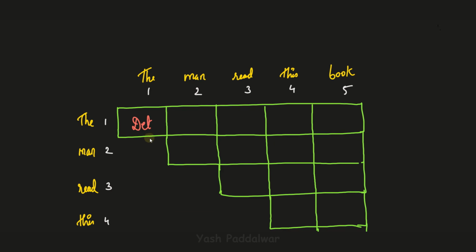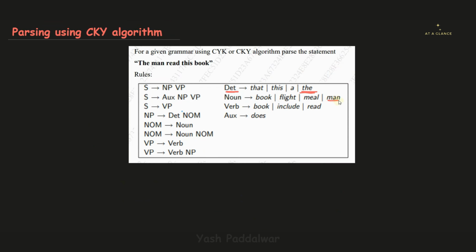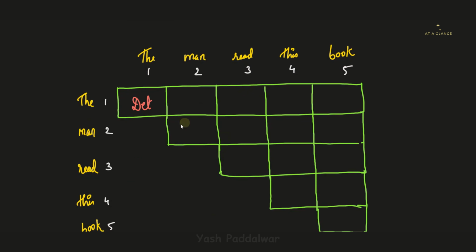That is DET. Similarly, the next diagonal position is 2, comma 2. Here the word man comes. We need to look for the rule in which the word man is present. You can see the word man is present as a noun. The rule says that it is a noun, so we write noun here.